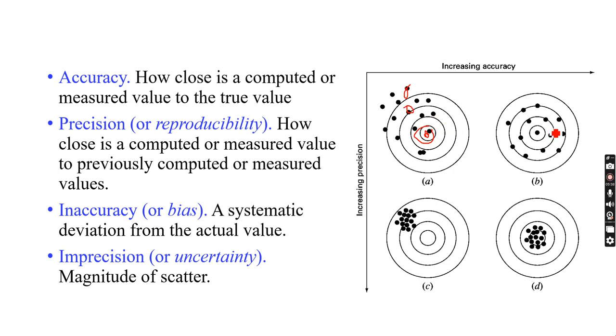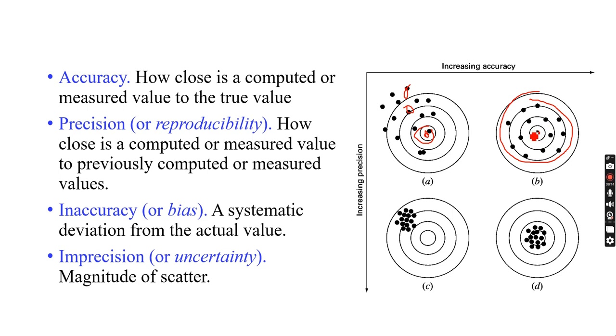Then as we go to figure B, we can see that even though the precision is not that much, the results are closer to the true value. The first calculated point is at the center. Then these different circles are the different radii of accuracy.